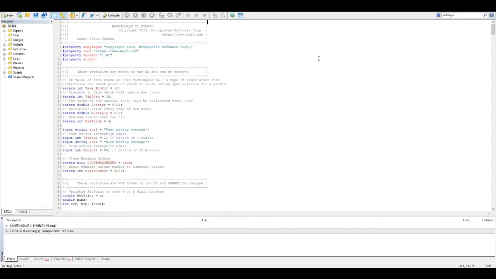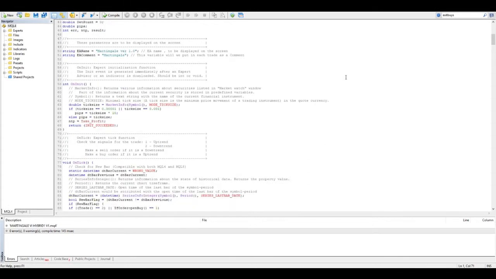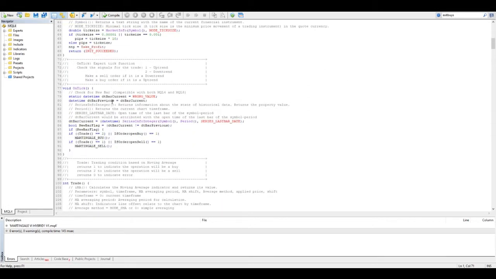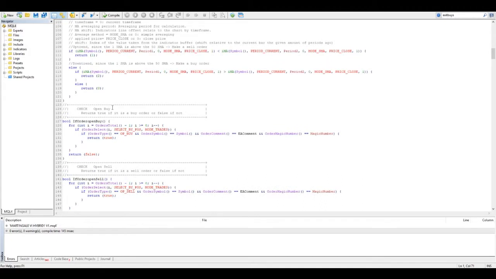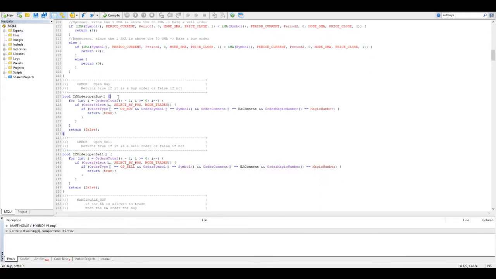Besides trying to implement a better strategy for the EA, we do need to optimize the code, meaning that we have duplicated functions, similar functions that differ in just one or two variables.